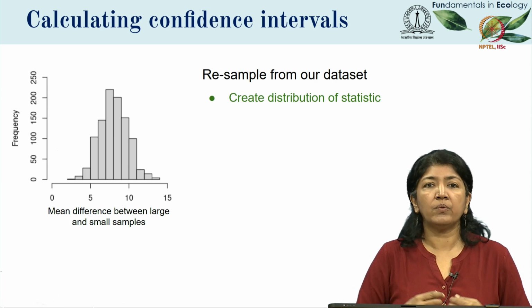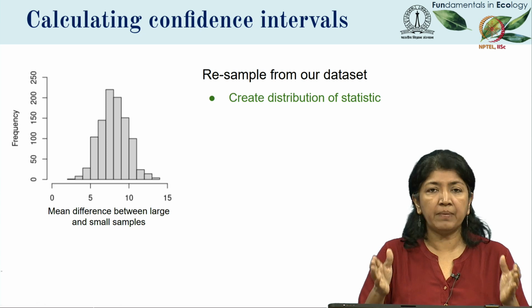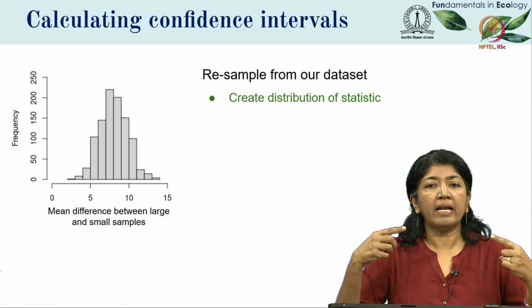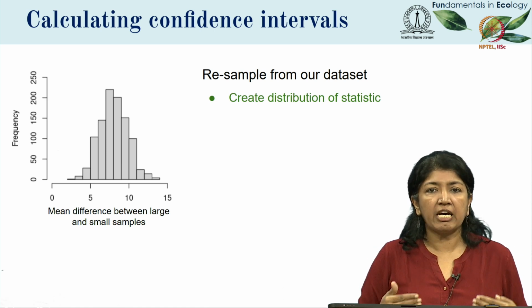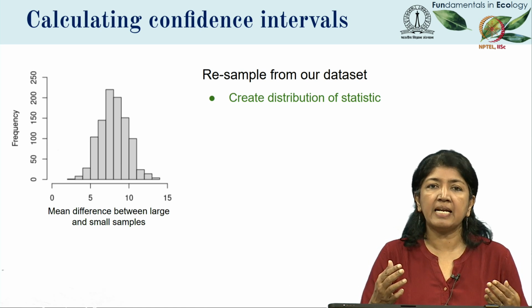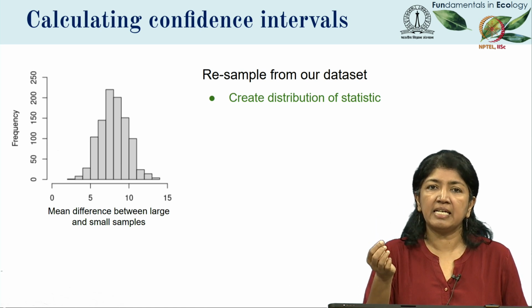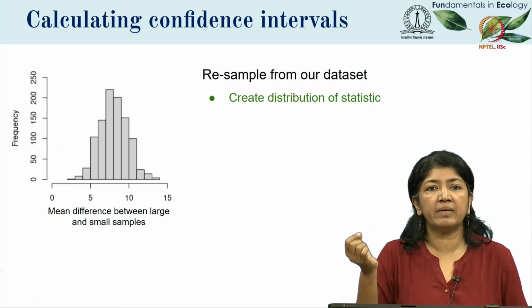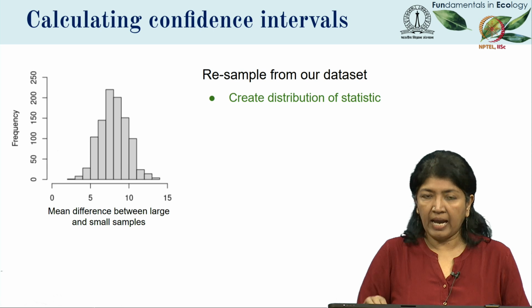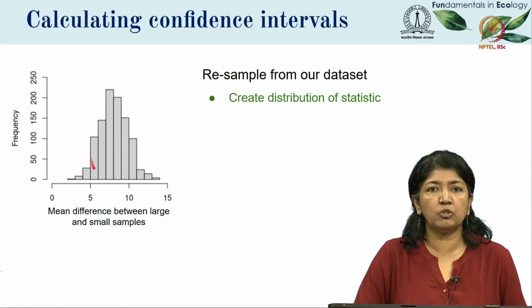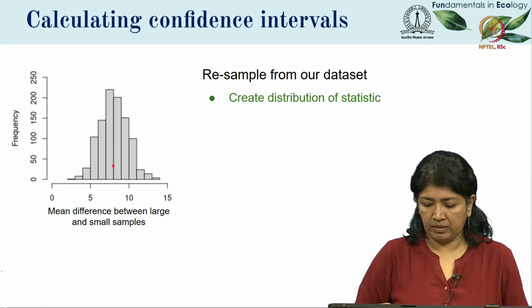So, one way to do it is to consider our sample as the population and resample from our data set. Each time we sample our data set, we calculate the statistic, for example, the mean difference between large and small habitat patches, and create a distribution of the statistic.